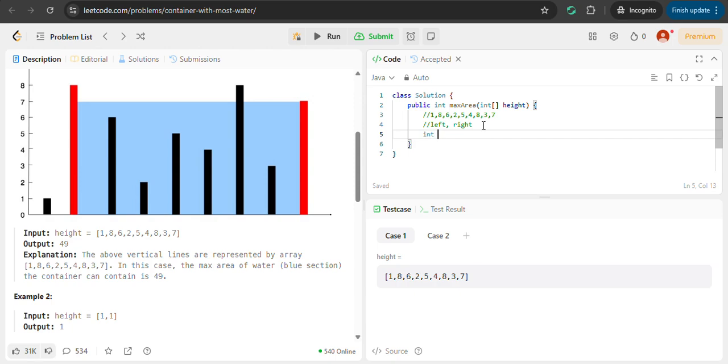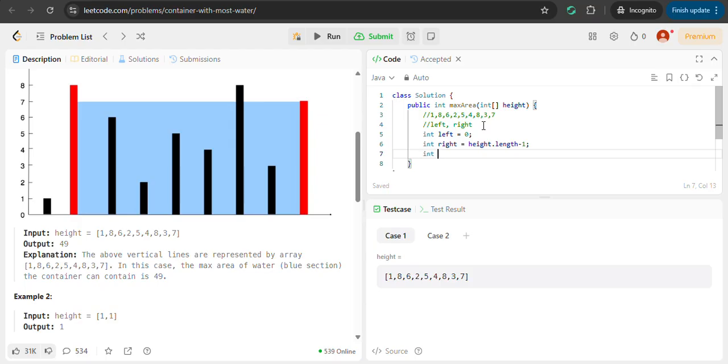So we move forward: left is equal to 0 and right is equal to height.length minus 1.